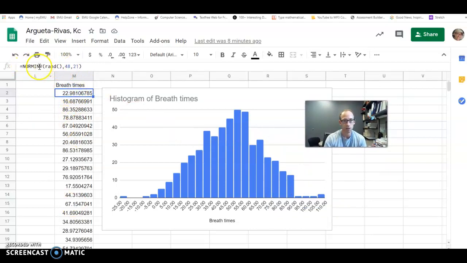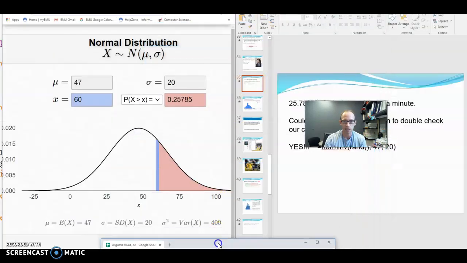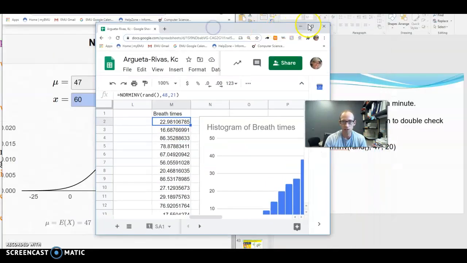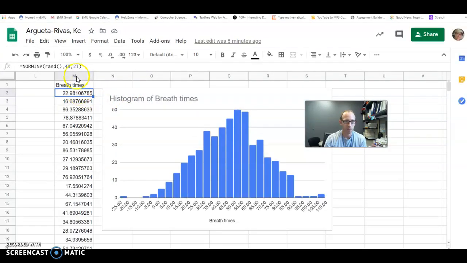The formula was used based on a normal distribution. Ooh, and let me check. We have 48 and 21 here. I forgot that maybe the times have increased a little bit. So we had, let's see, 47 and 20 back to match the data. So I'm going to do 47 and 20 and press enter.